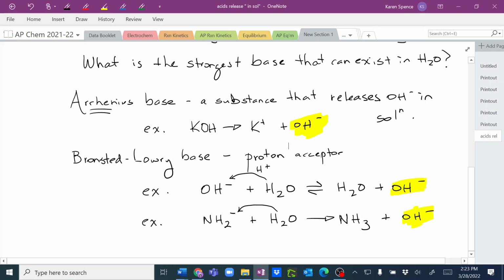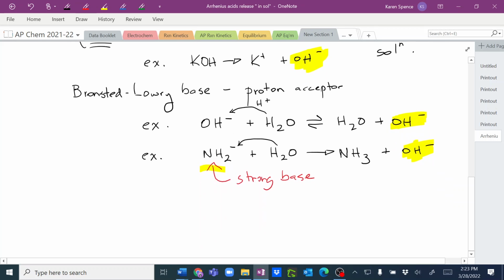Okay? So who is the strongest base that can exist in water? OH-, because this one is a stronger base, right? This is a strong base. It cannot exist in water. It accepts a proton, and we're left with hydroxide, which is the strongest base.